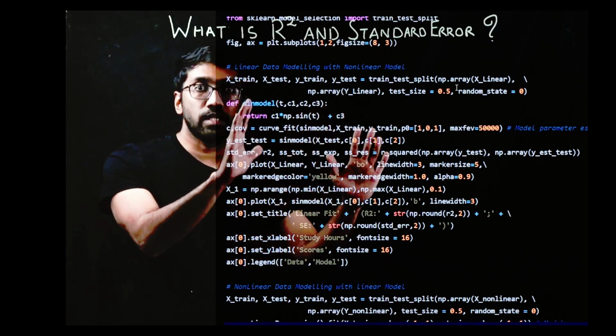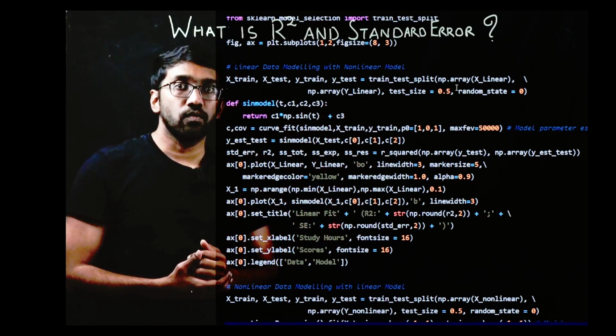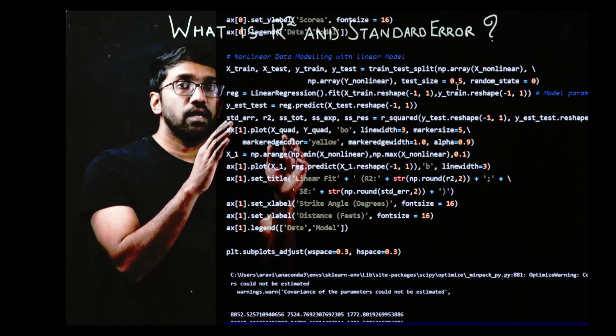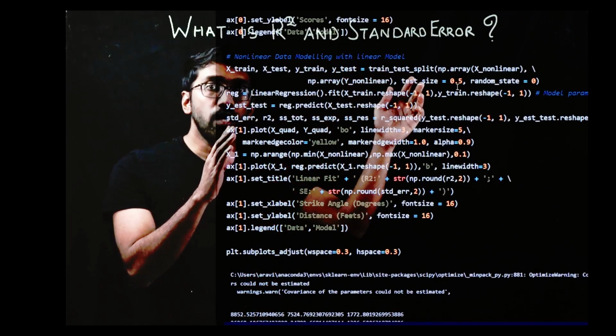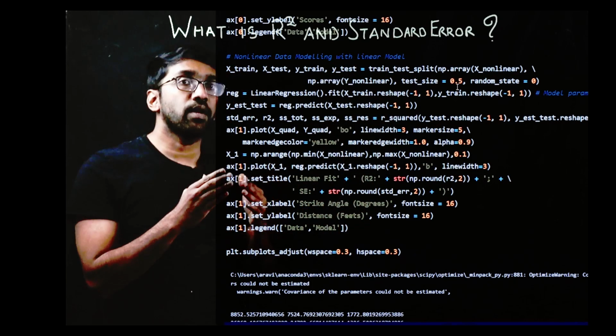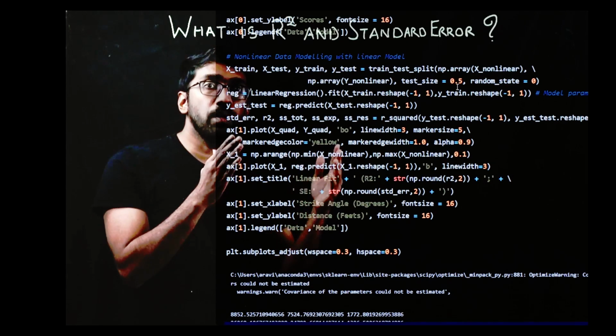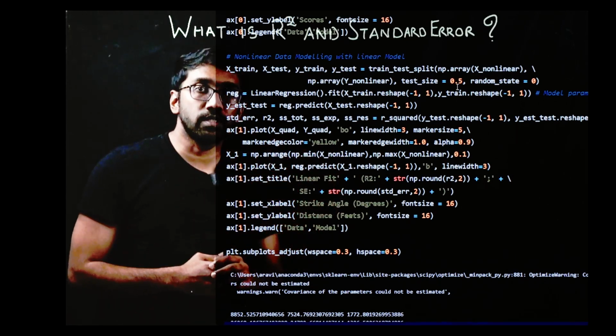So this whole section is used for that. And in the second section, I'm using the nonlinear data as input. I'm trying to fit a linear model onto that. So this is the same thing repeated, but twisted.